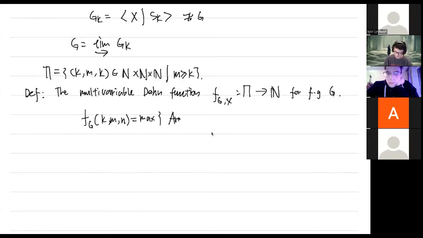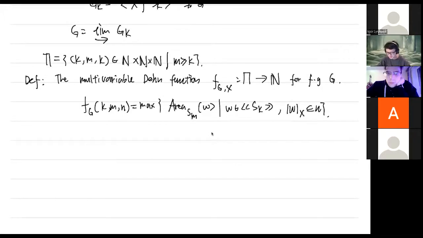Basically, we consider the maximum area over words W in the group G_m such that the word is in the normal closure of S_k, and of course the length of the word is less than or equal to n.